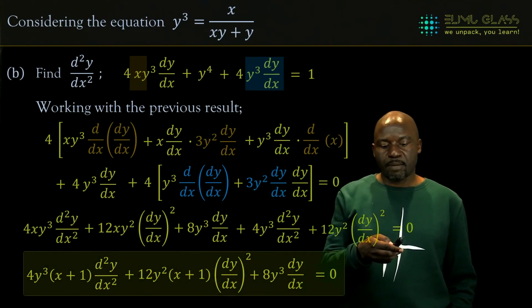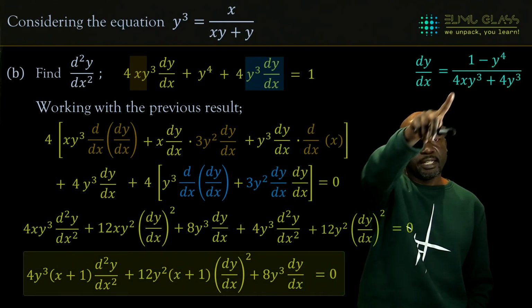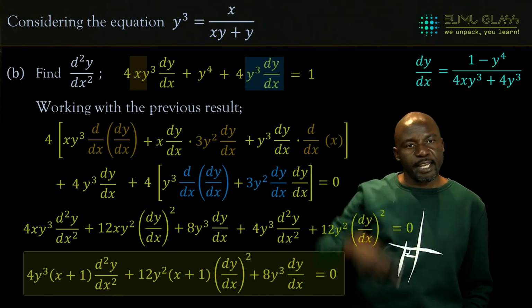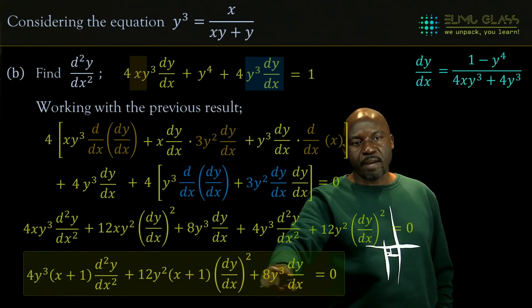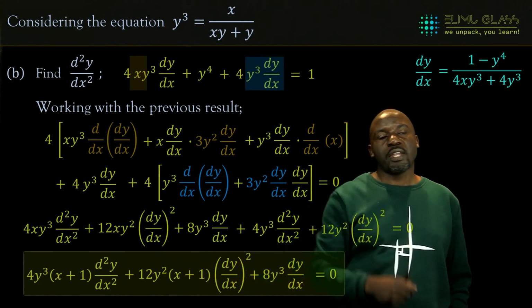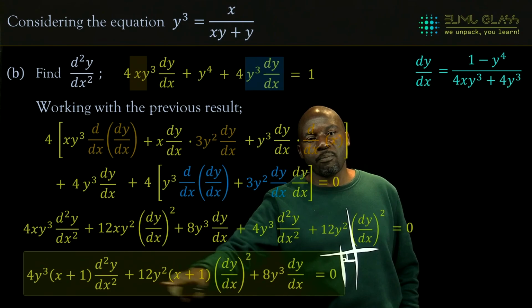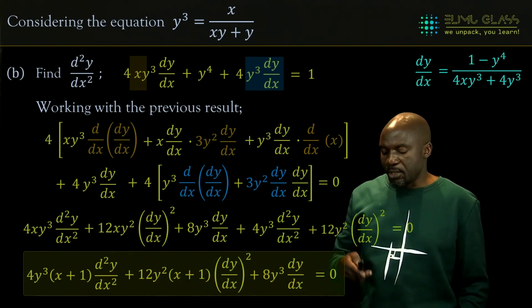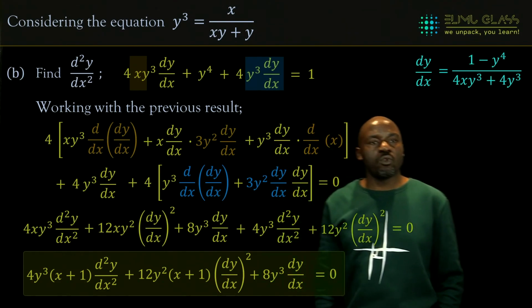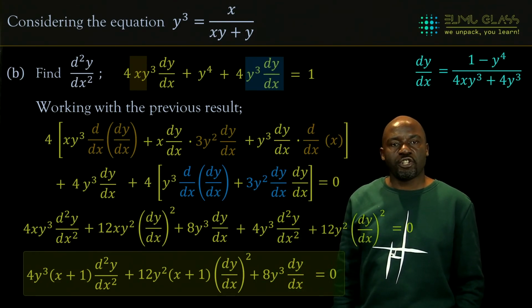I believe I have it written somewhere. There it is. This is what we found for dy by dx. So we could take that and replace wherever there is dy by dx, we can put that. But what that does is it just makes this more complicated. So it's better to actually leave it like this. And together with that, you can solve any question that anyone would want to ask you regarding a question like this.